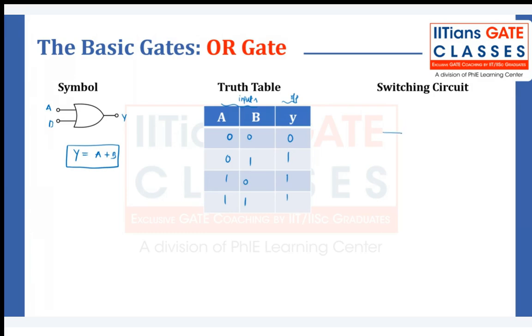Switching circuit: you have to analyze this, just for fun. Suppose one battery I have connected, A and B, OR is there. OR means two switches must be in parallel. If any of these is on, then current will pass. If both are off, then the current will not pass. This is the parallel network, very good.